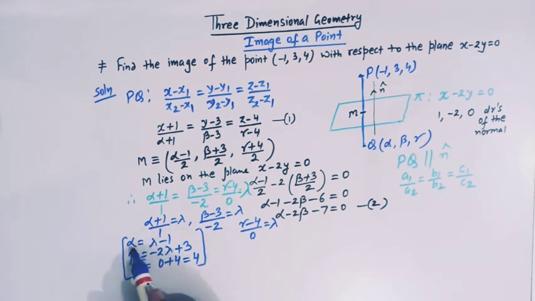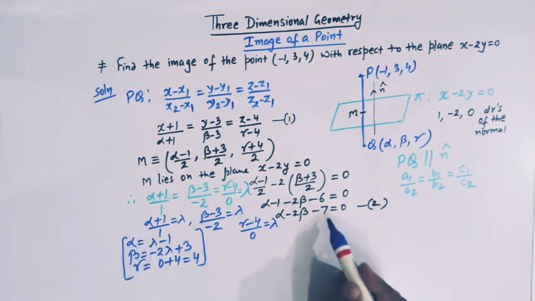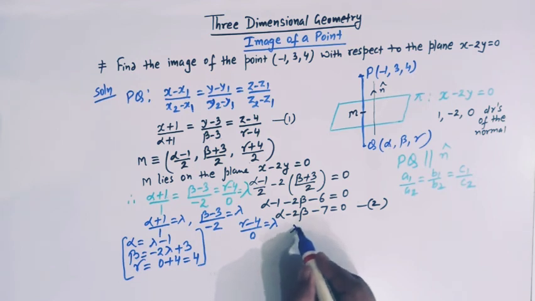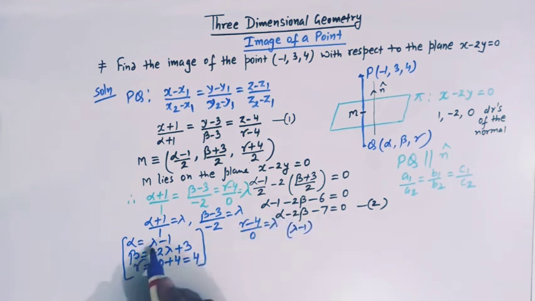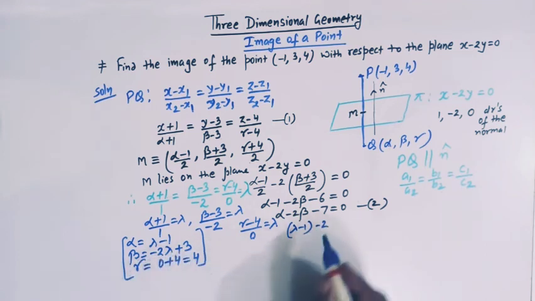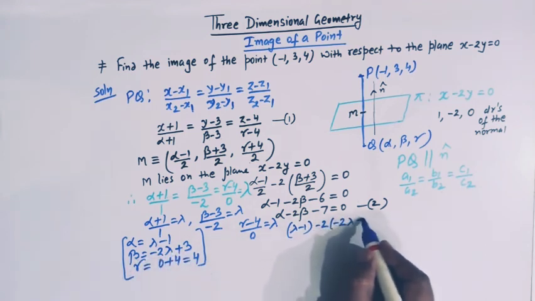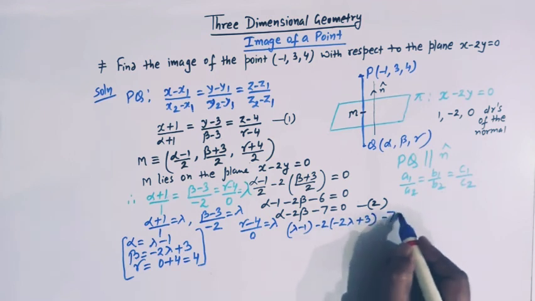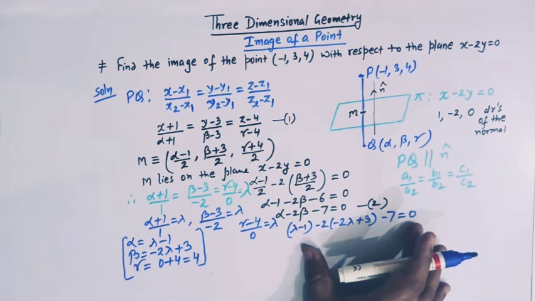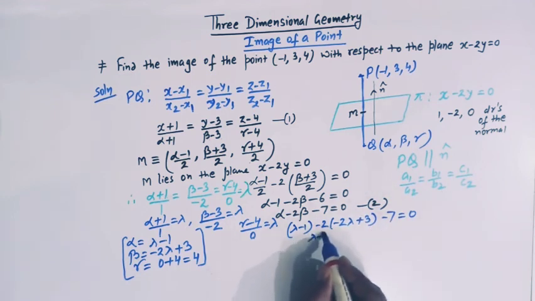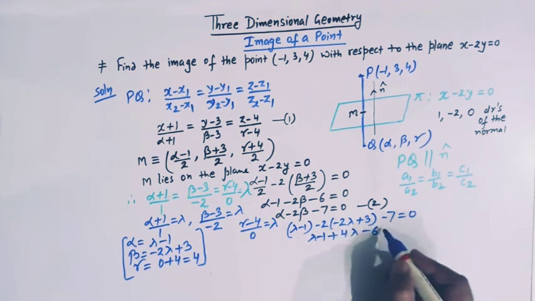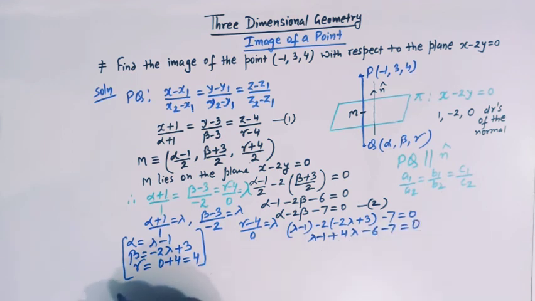Now if we substitute the values of alpha and beta in equation 2, then for alpha we have lambda minus 1, minus 2 times, for beta, (minus 2 lambda plus 3), minus 7 is equal to 0. Now this is a linear equation in lambda, so we can write it as lambda minus 1 plus 4 lambda minus 6 minus 7 is equal to 0.